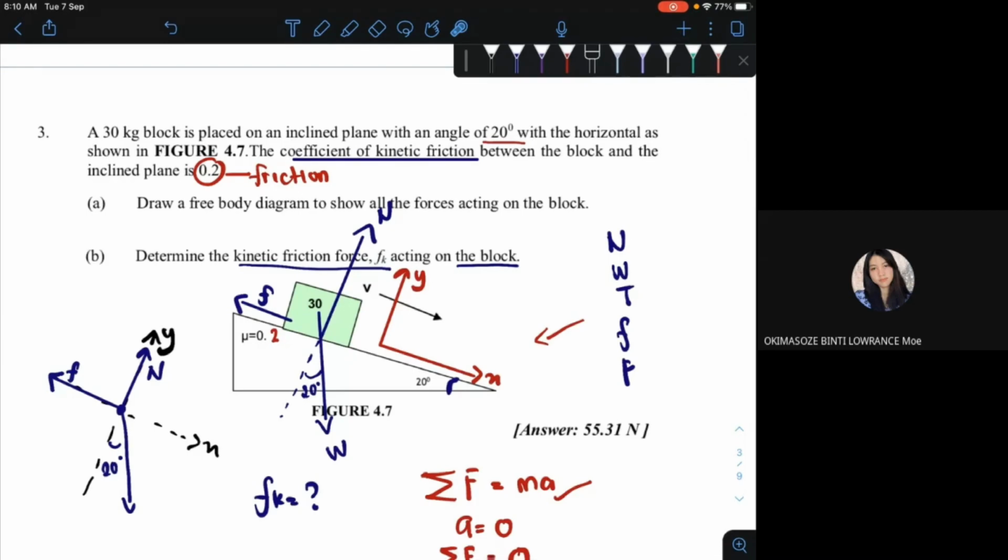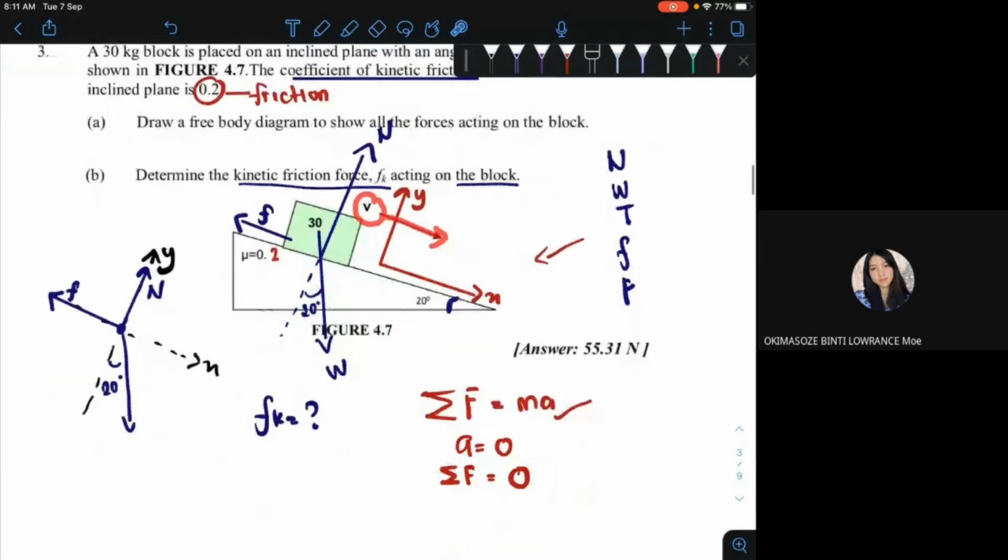The block is placed on an inclined plane, bla bla bla. Okay, kalau kita tengok dia bagi V dalam gambar ni lah, sorry. Dalam gambar ada dia tunjuk V dekat sini. Okay. Dia tunjuk V tapi dia tak mention apa-apa pun pasal acceleration. Selalunya kalau dia letak V macam ni, it's a constant velocity. Okay. So bila constant velocity, acceleration is equals to 0. So case kita adalah total force should equals to 0.